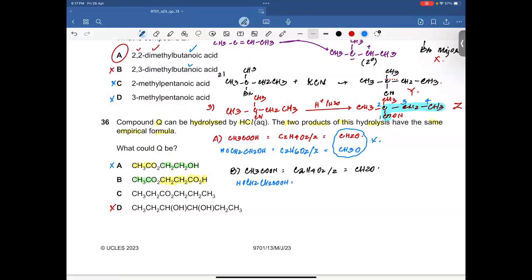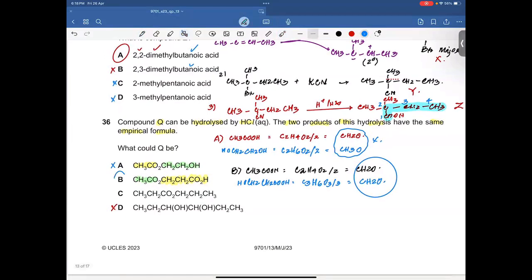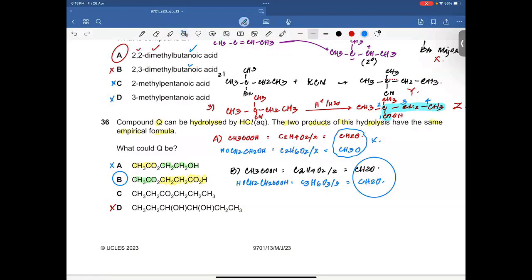How many carbon atoms here? 1, 2, 3 carbon atoms. How many hydrogen atoms? Let's count: 2 plus 2, 4, 4 plus 1, 5, 5 plus 1, 6. And we have 3 oxygen atoms. Divide by 3, so you will get CH2O. So this compound gives you the same empirical formula. I believe B is going to be the right answer. Let me double check.